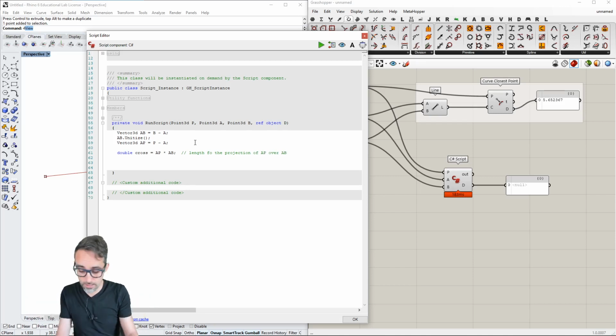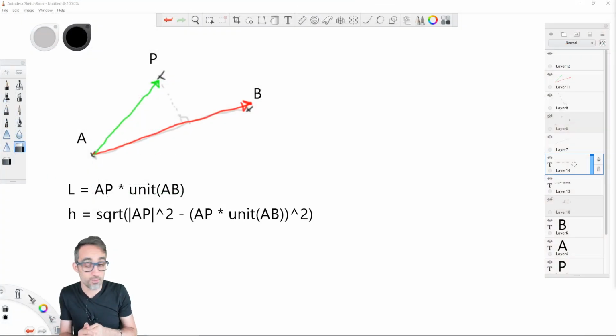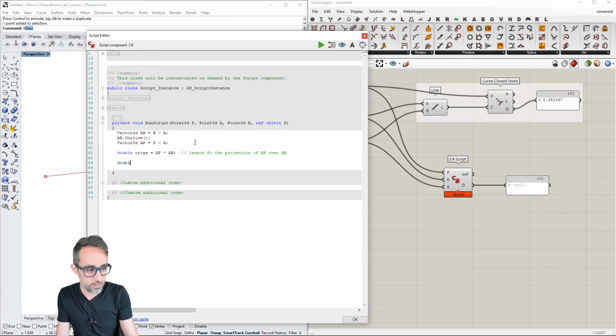Now the only thing we need to do to calculate the height is take the square root of these values. So I'm going to write double H is going to be Math.Sqrt of what? It's going to be the length of AP, and we may want to calculate that as well.